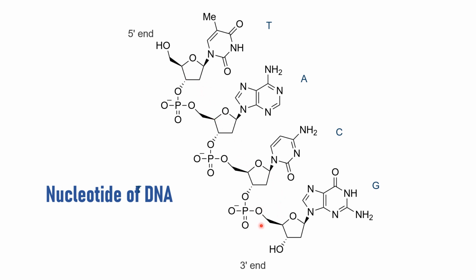So this is a segment of DNA, and here they have marked out the bases. So here the base is thymine, here the base is adenine, it is cytosine here, and here it is guanine. All these four bases are the ones which define the genetic code, and we understand protein biosynthesis based on the sequence of these bases in the DNA.